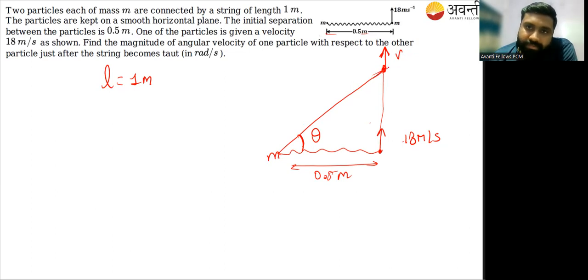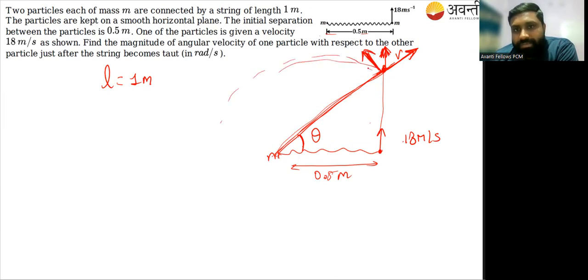Now if you resolve this, it will be a simple question of circular motion. Because angular velocity is being asked, you need to calculate the component of velocity which is perpendicular to the line joining them, or you can say the tangential component.